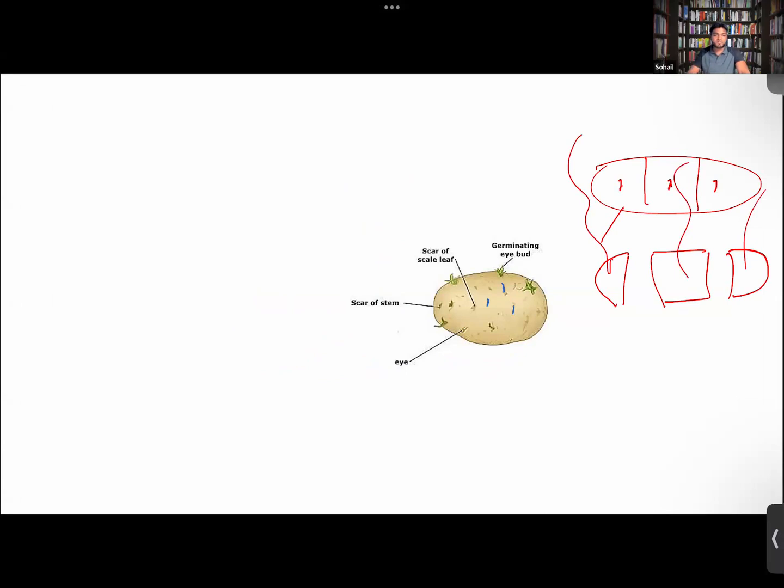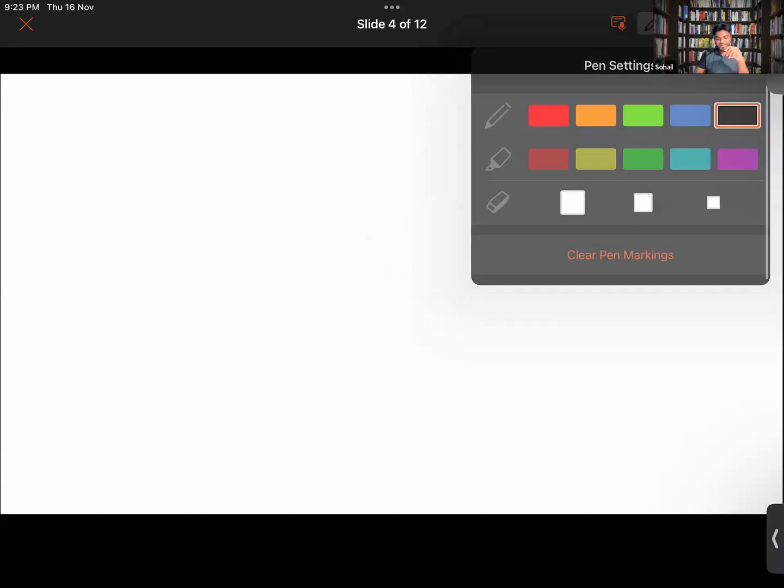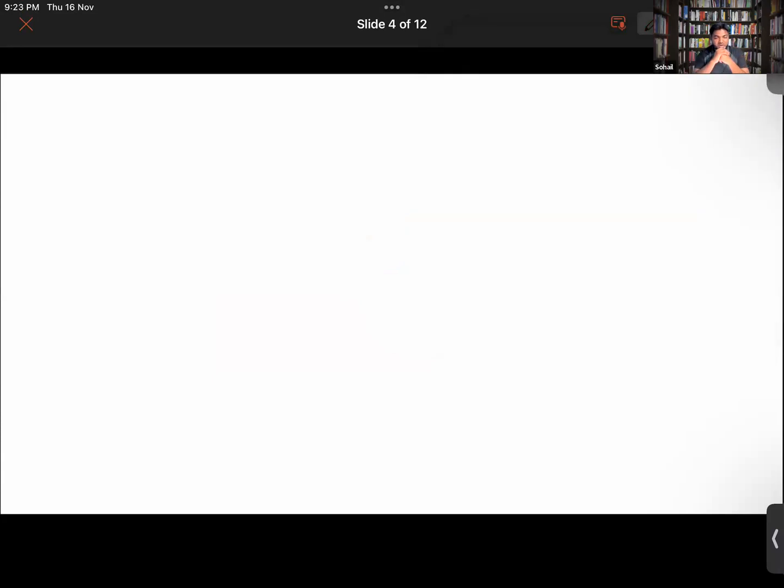So basically, in the chapter on reproduction in plants, we will be talking about the different modes of reproduction in plants. There are two modes of reproduction in plants.